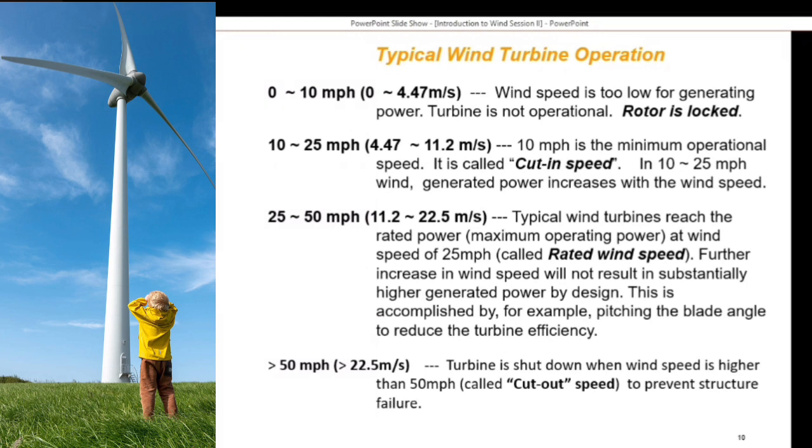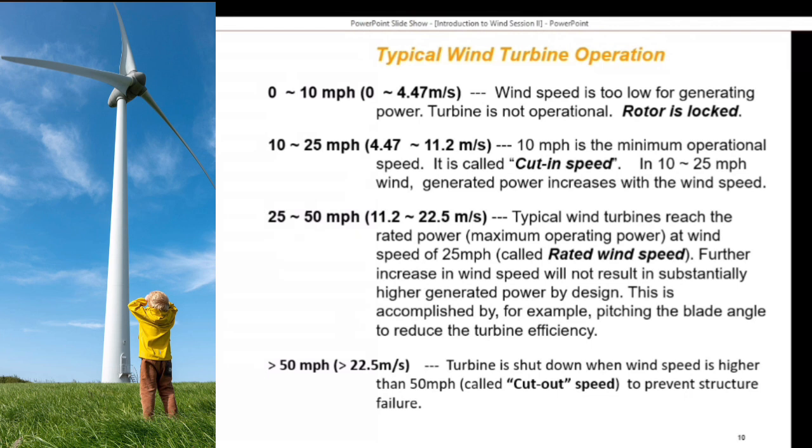So less than this, when it is varying from 0, when there is no wind, of course, it is likely to have 0 meters per second. But when it is less than 4.5, it is not really possible to produce with that wind speed. That is phase 1.